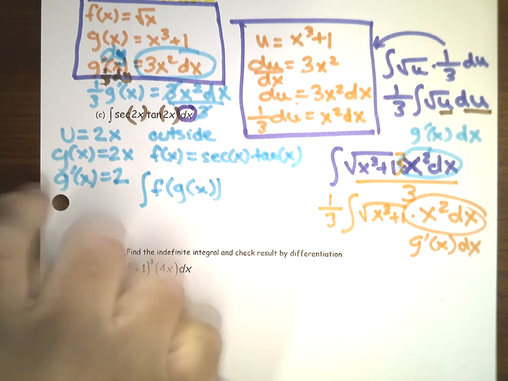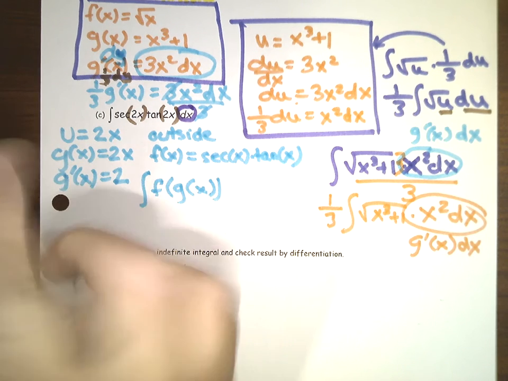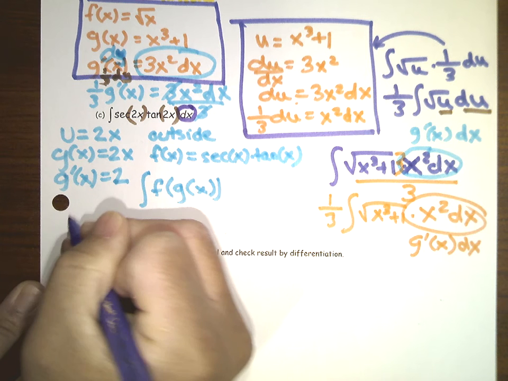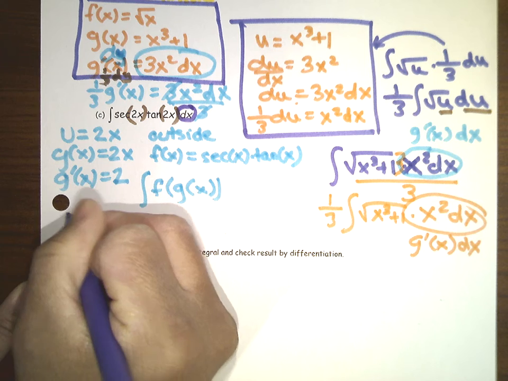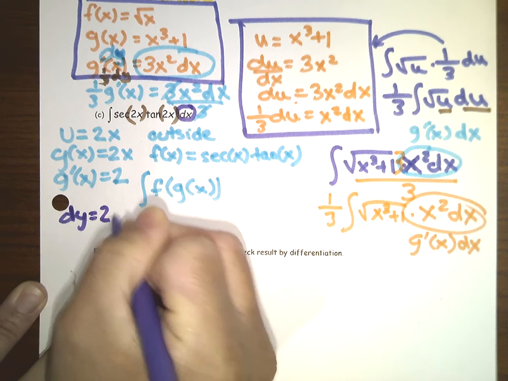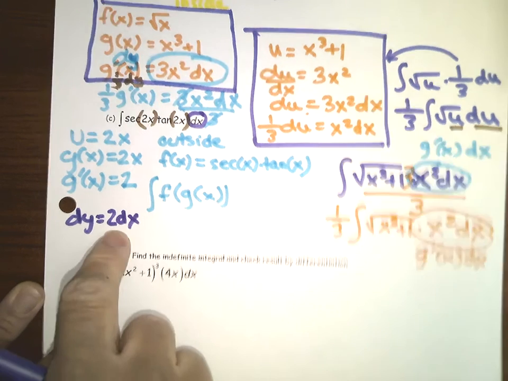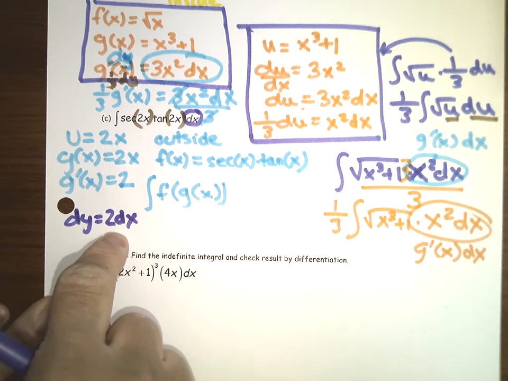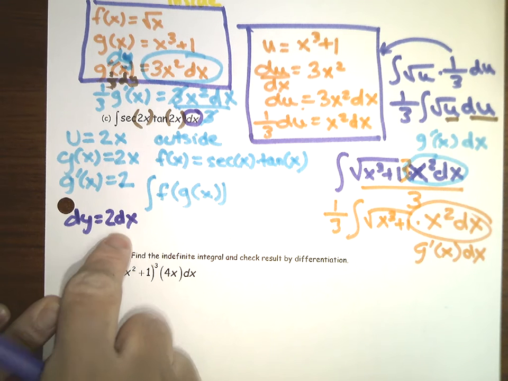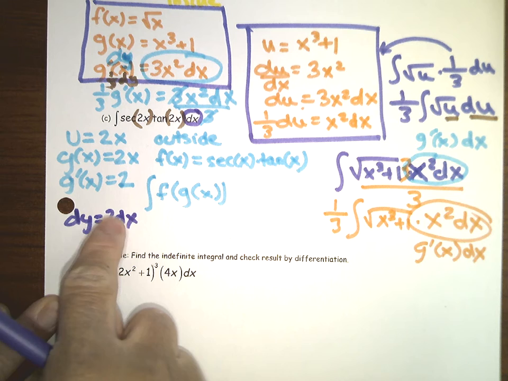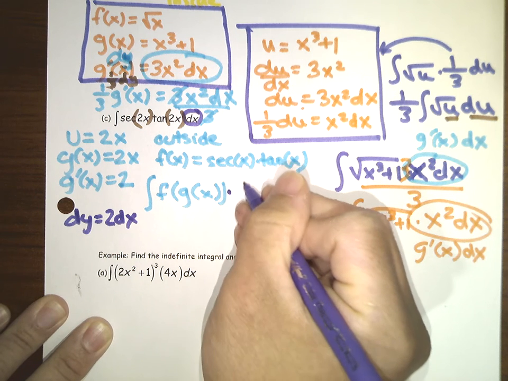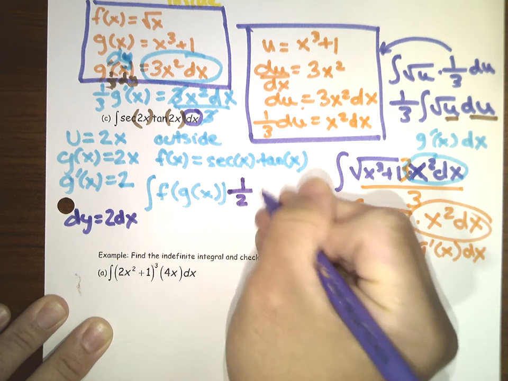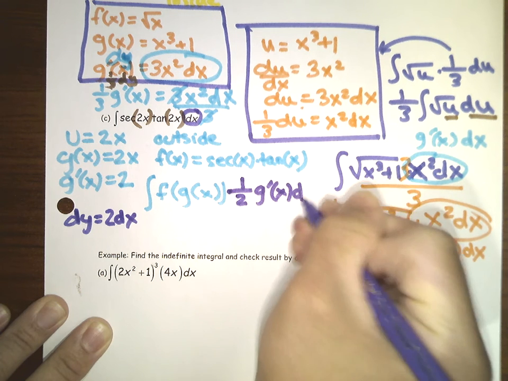But if I rewrite this in differential form, dy is equal to 2 dx, right? So I need to actually have a 1/2 to get rid of this 2 that we had here. So this would be times 1/2 g prime of x dx.